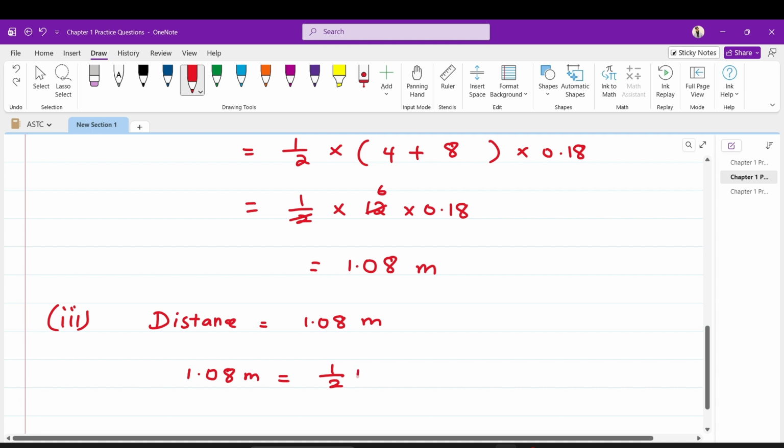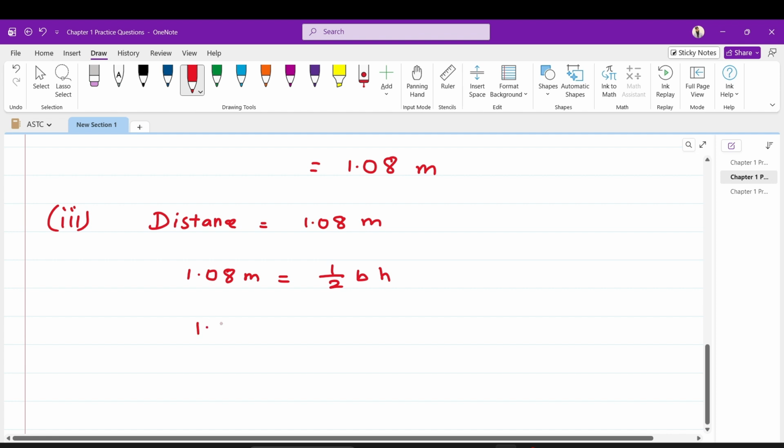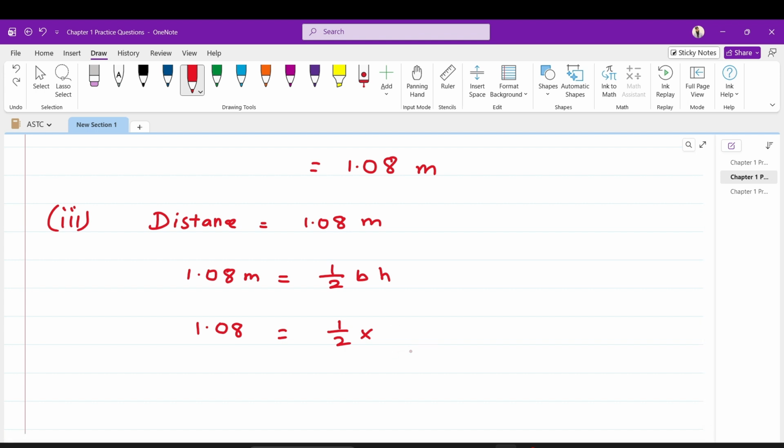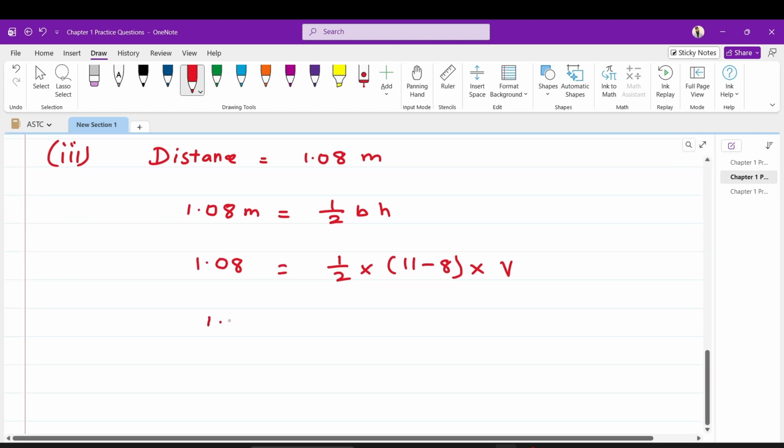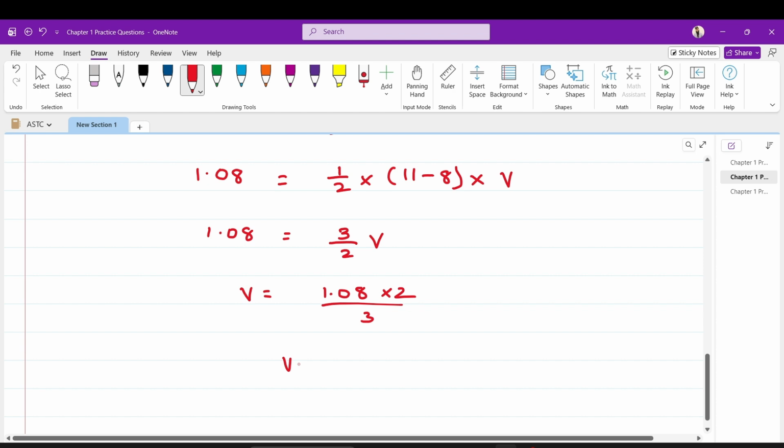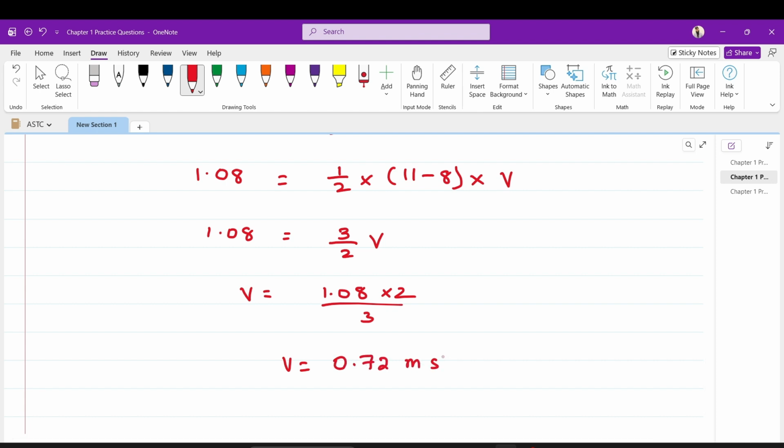So 1.08 meters equals half into the base, which is 11 minus 8, that's going to make it 3, multiply by v. Okay, all right, so 1.08 equals 3 over 2 v. v is equal to 1.08 multiplied by 2 divided by 3. So v is equal to 0.72 meters per second.